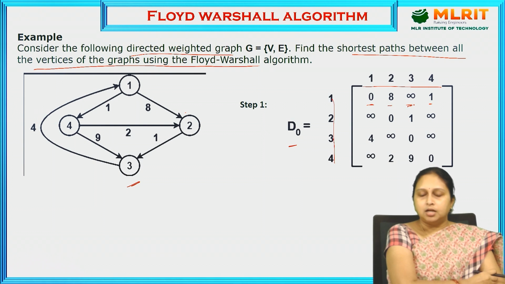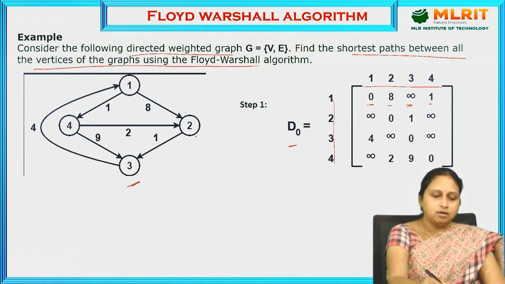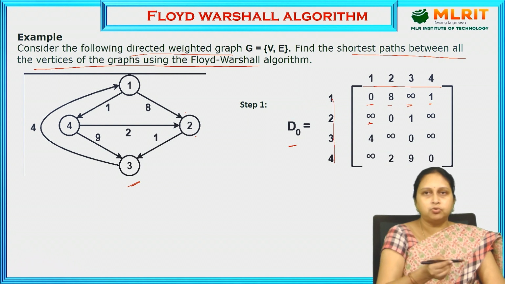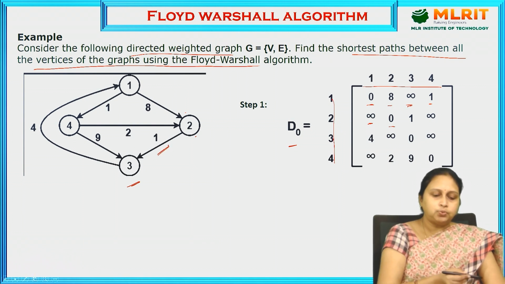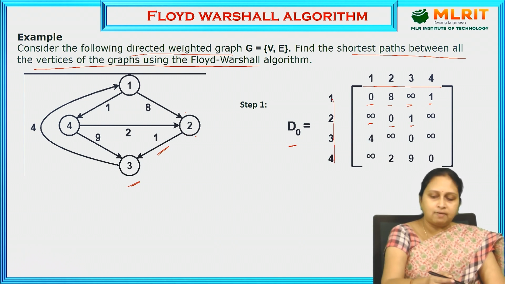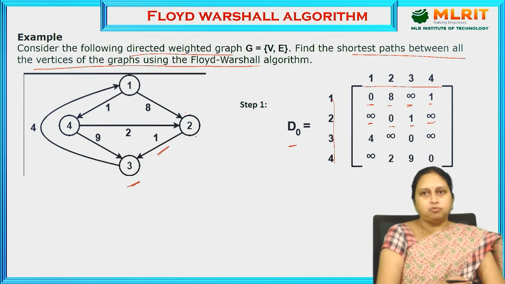Like this, we need to fill in the remaining values also. For 2 to 1, you don't have any edge, so place infinity. For 2 to 2, you don't have any self loop, place 0. For 2 to 3, you have one edge with weight 1, so we place 1. And for 2 to 4, you don't have any edge, so we place infinity.